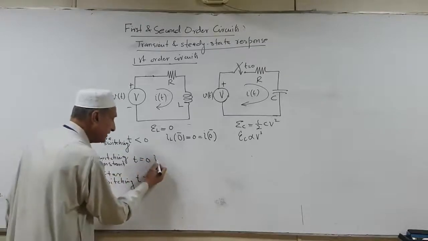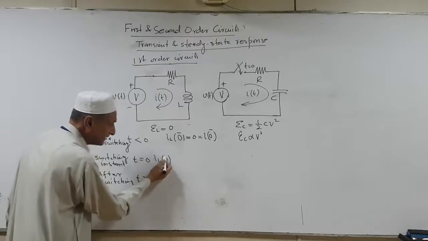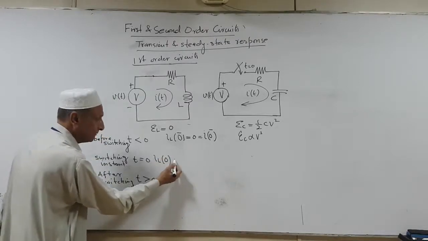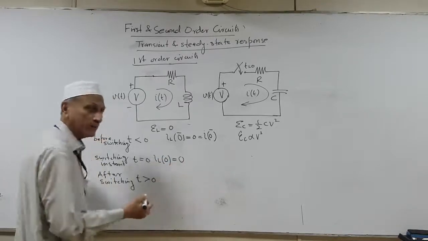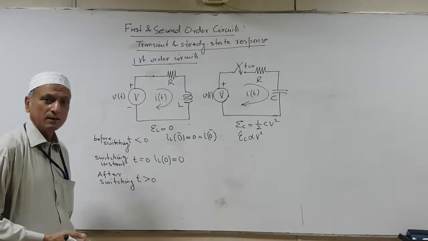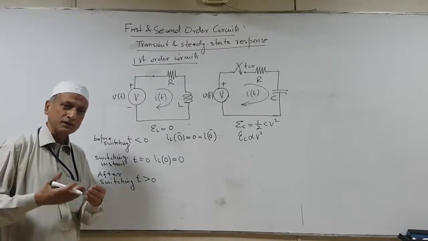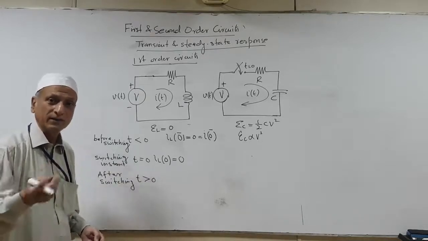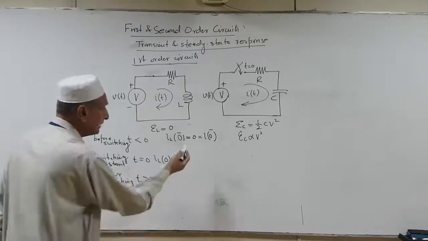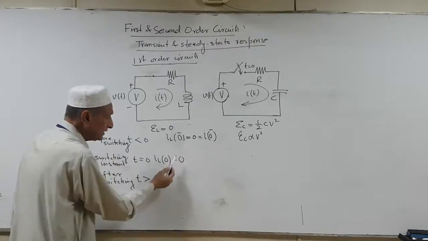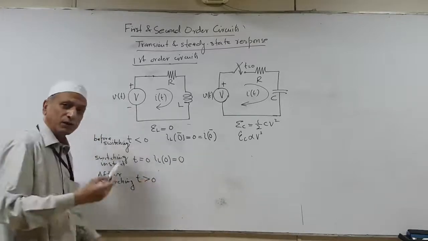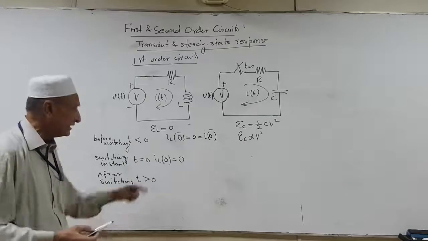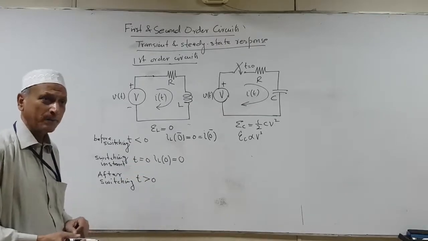This means that the current of the inductor at t equal to 0, I am not putting minus anymore, will also be 0. So the inductor is a device which does not change its state of current instantly. Before switching it was 0, at the instant of switching it will not change instantly, and therefore it will again be 0.